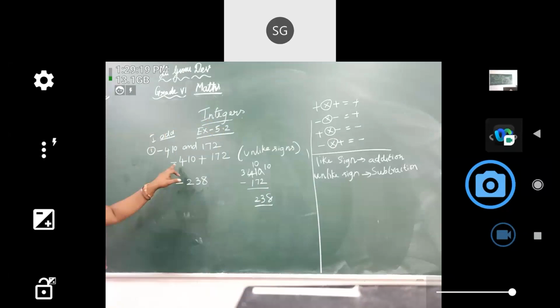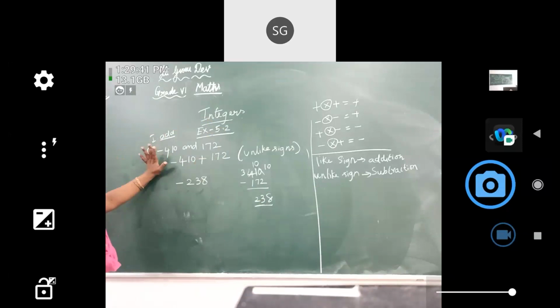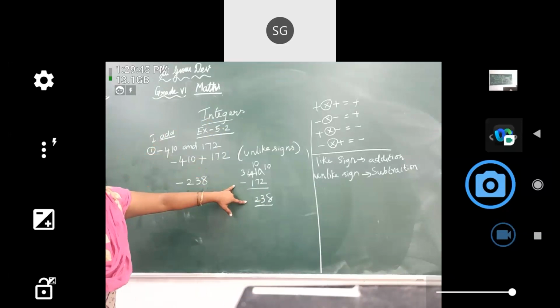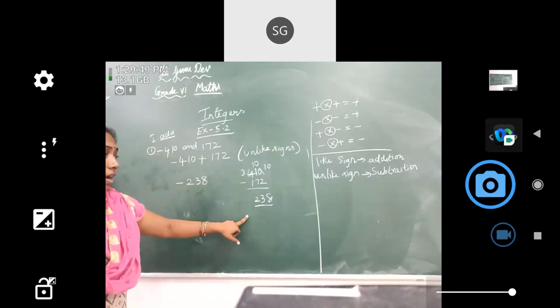Here, is it like sign or unlike sign for the two integers? Like sign means same sign; unlike means different. Is it the same sign or different sign? Different, ma'am. Unlike sign. Then I should subtract their absolute values. Forget about all the signs. The signs are different, so I must subtract the numbers. 410 minus 172, I get 238.